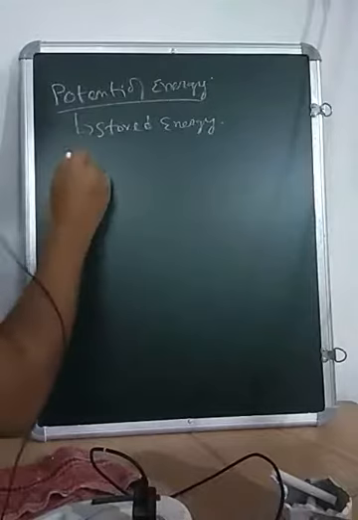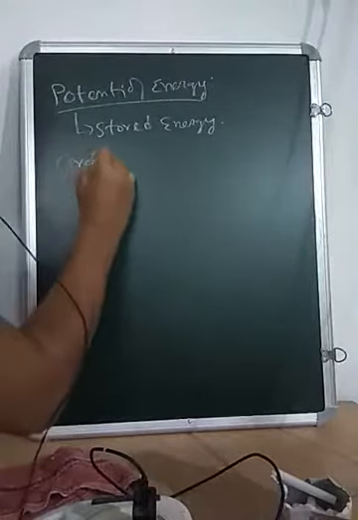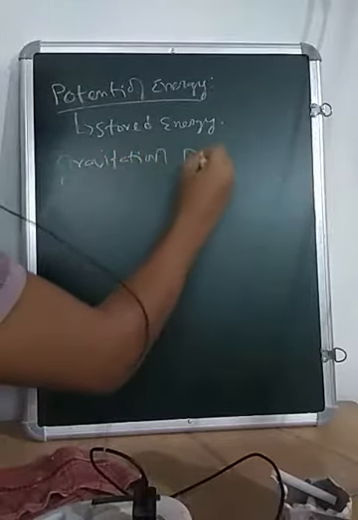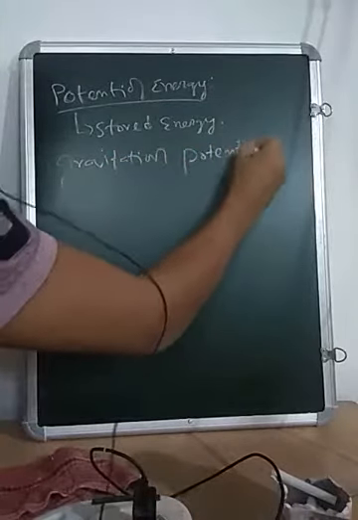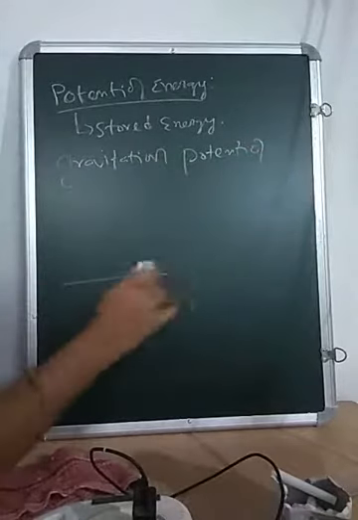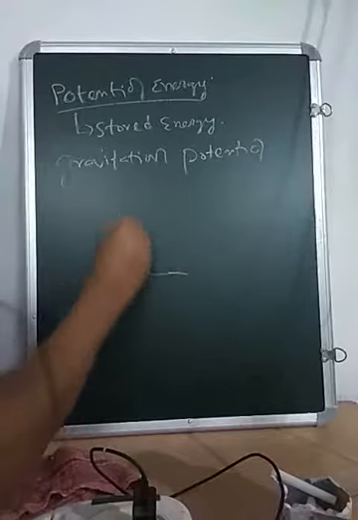And the second case we discussed was gravitational potential energy. Suppose this is the surface of Earth and there is an object at a height h.